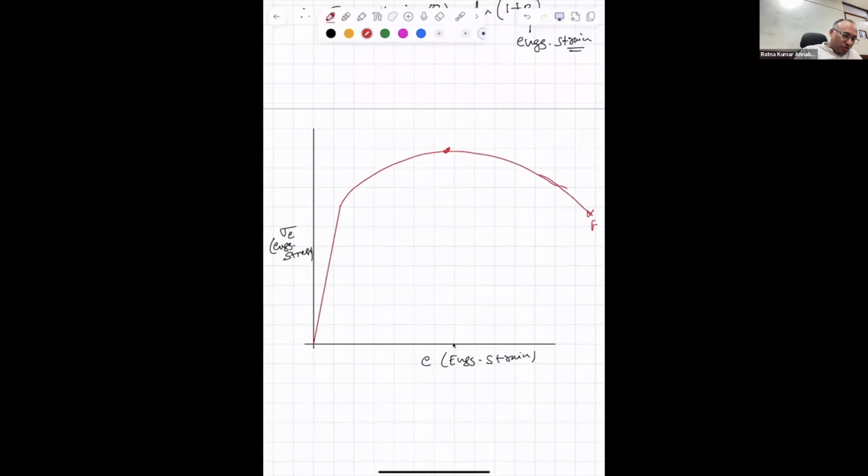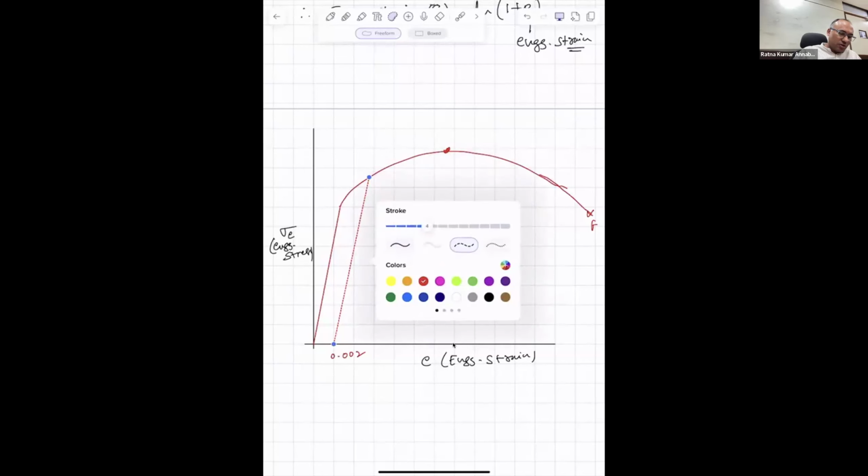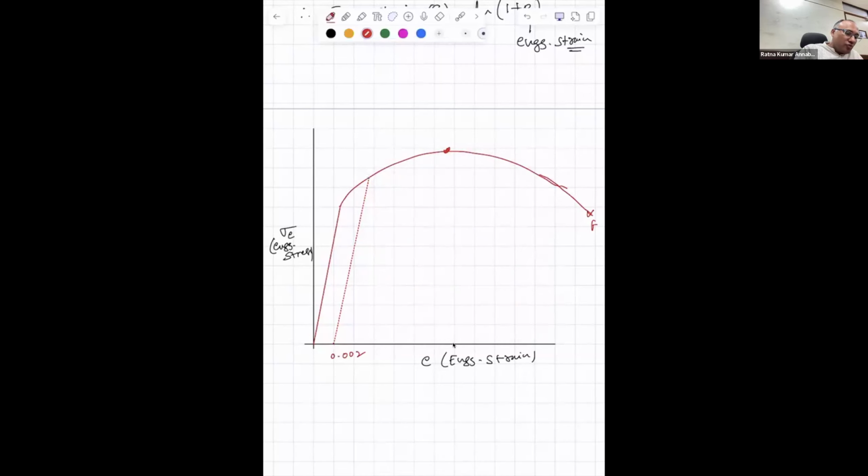If I take this as my 0.002 strain, then this point will be my yield point, and this will be my sigma y, the yield strength of the material.